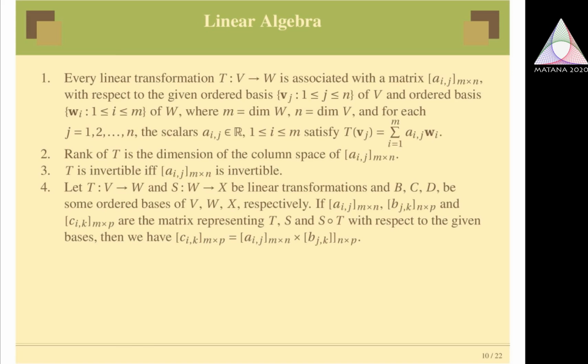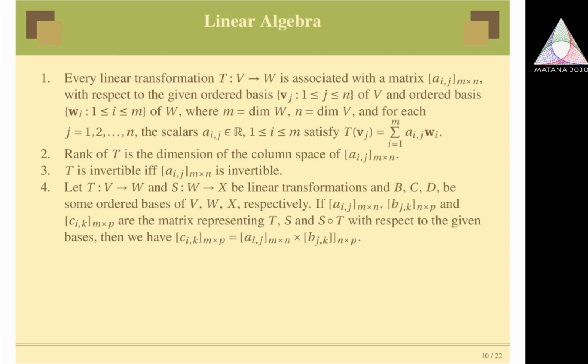Now we consider the coefficients Aij. Keeping A1j, A2j, A3j, ..., Amj as the jth column of a matrix, we can construct a matrix. That is the matrix associated with the linear transformation T with respect to the ordered bases.